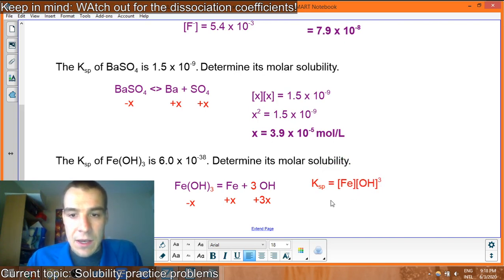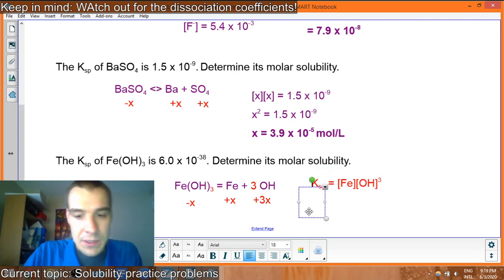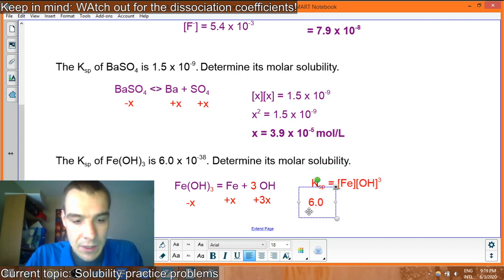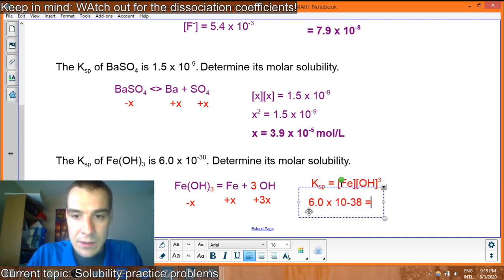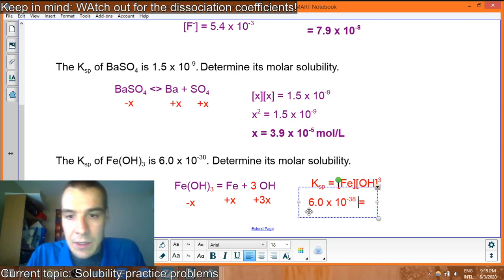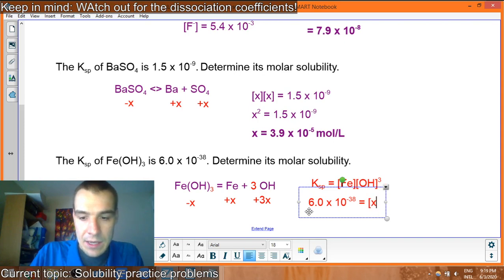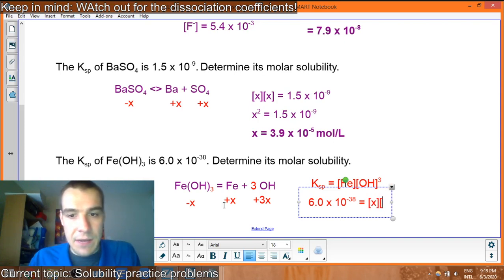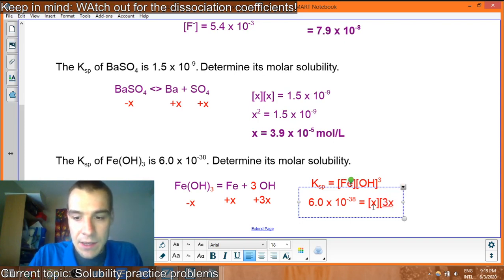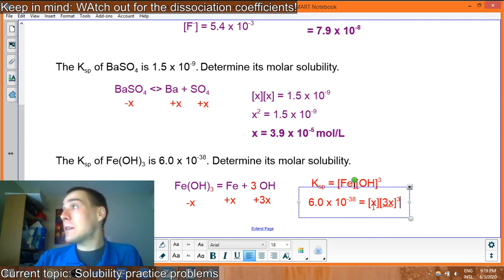And then you can put in the numbers. 6.0 times 10 to the negative 38 is equal to x, that's the x for Fe, and the OH is 3x, but that 3x is cubed.